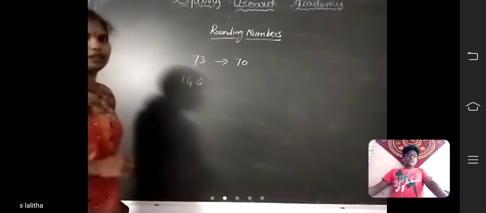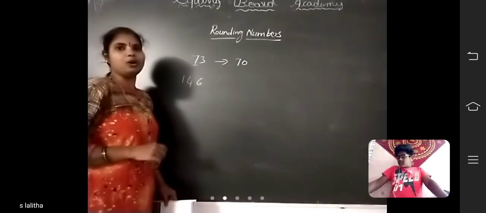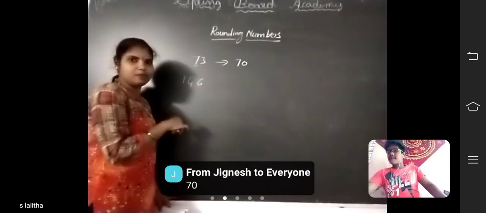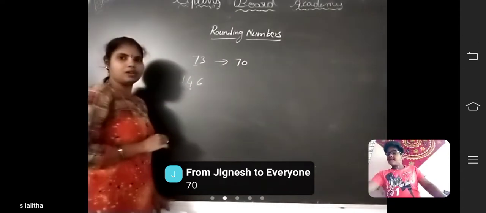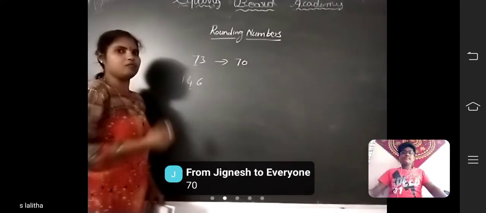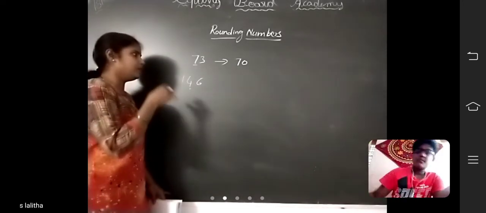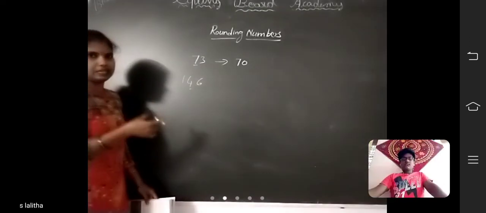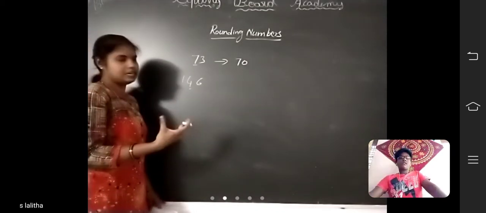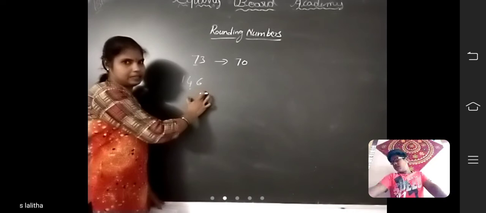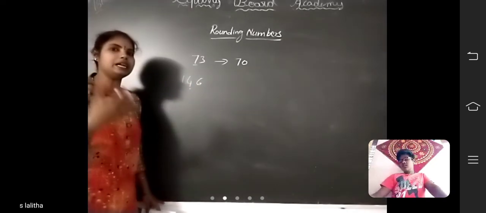Shall we take 3-digit numbers? 146. Round off to the nearest tenth. What is the tenth place here? 4 is there. You should observe the right side number. The tenth place is 4, and the right side number is 6. 6 is greater than 5.